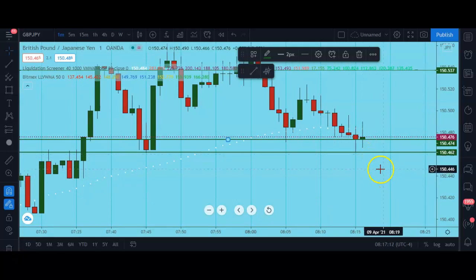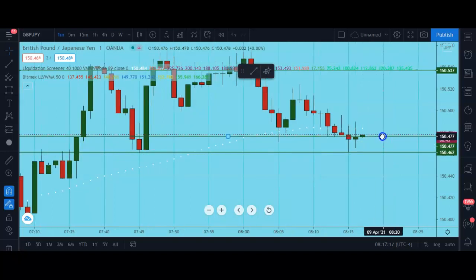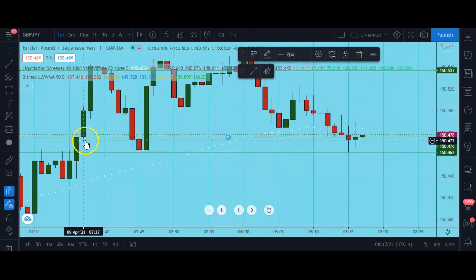The next candle closed here, which is support and resistance.